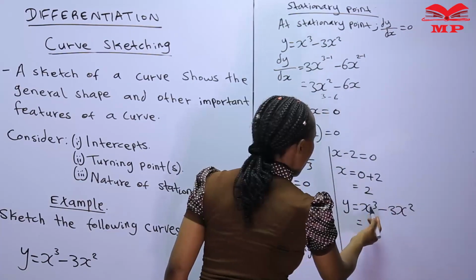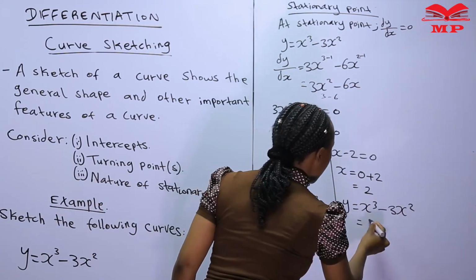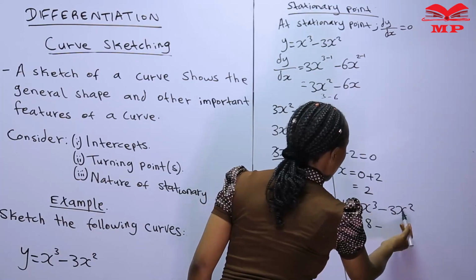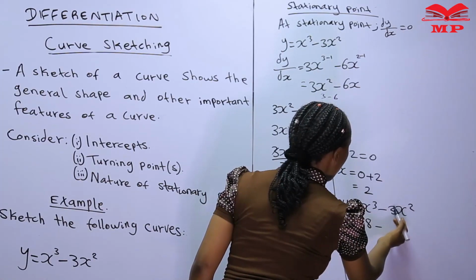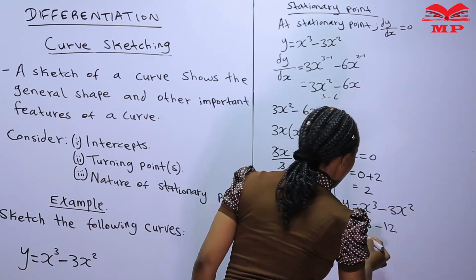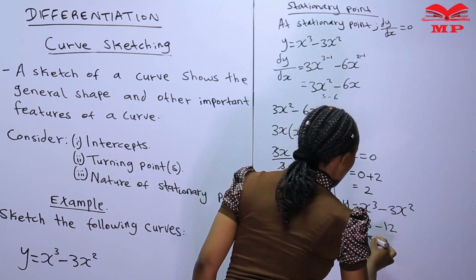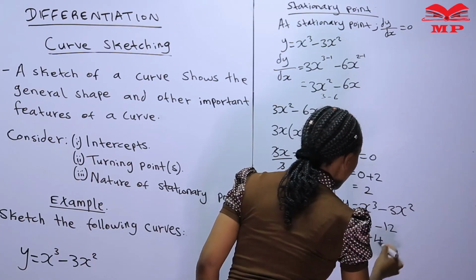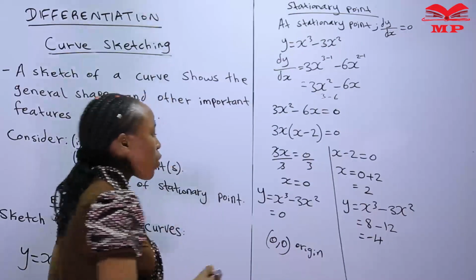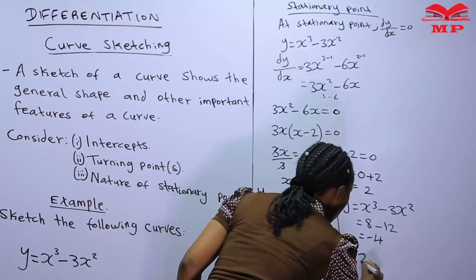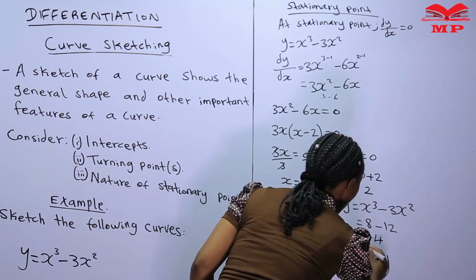So when it is 2 here, we have 2 raised to power 3 is 8, minus 2 raised to power 2 is 4. 4 times 3 is 12. So we have 8 minus 12, which is negative 4. We have negative 4, and therefore the point is x 2, y negative 4.